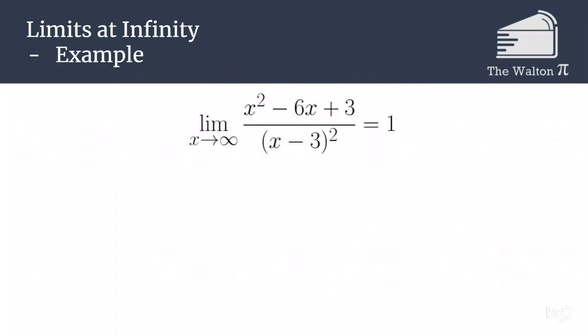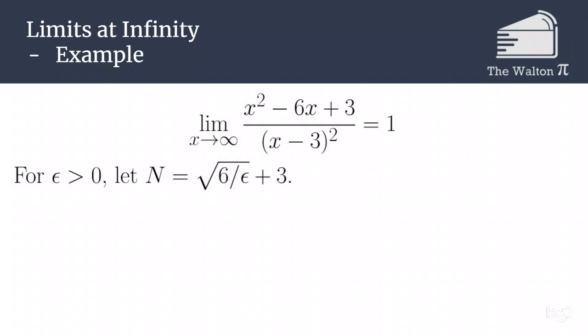So for example, let's look at the limit as x approaches infinity of x squared minus 6x plus 3 all over x minus 3 squared. We are trying to figure out, is the limit of that actually equal to 1? So to start off, we're going to say for epsilon bigger than 0, let big N be equal to the square root of 6 over epsilon plus 3.